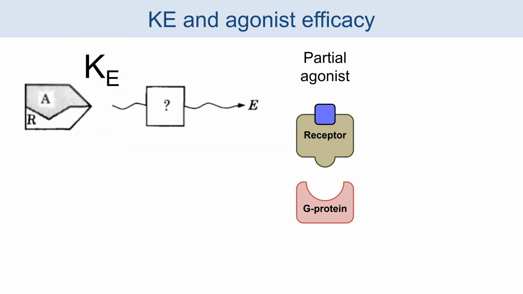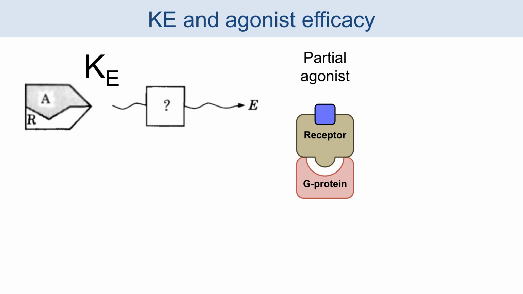We can illustrate this using some diagrams of receptor G-protein interaction, which is the first step of the signal transduction process. A weak agonist will produce a receptor conformation that only weakly interacts with G-protein. Here we see this weak interaction illustrated. The receptor conformation is not optimal for G-protein interaction.